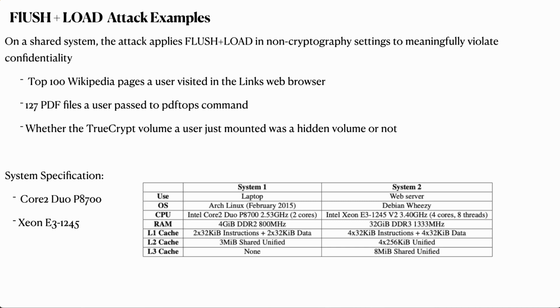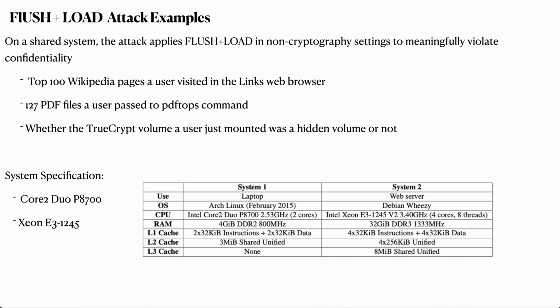First one is to determine which of the top 100 Wikipedia pages a user visited in the Links web browser. Second one is to determine which of the 127 PDF files a user passed to the pdftops command. And the last one is to determine whether the TrueCrypt volume a user just mounted was a hidden volume or not.